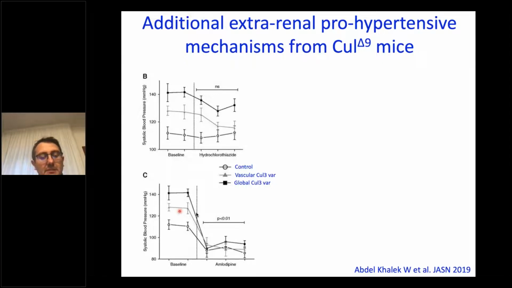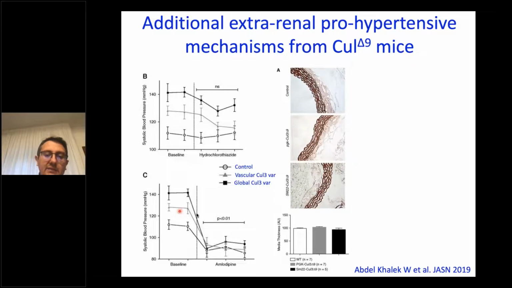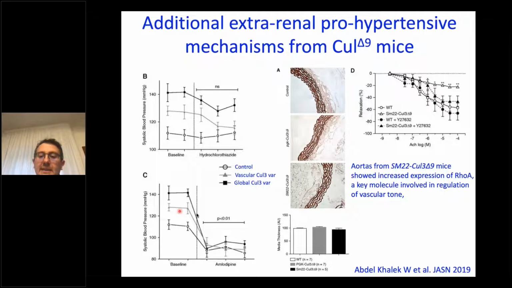In this manuscript, as you can see, a vascular event has been proved by showing that, even though the morphology of the vessels has not changed when we knock out or introduce a Cullin 3 mutation selectively in the blood vessels, these blood vessels present an increased expression of this factor called RhoA, that is a master regulator of the vascular tone.